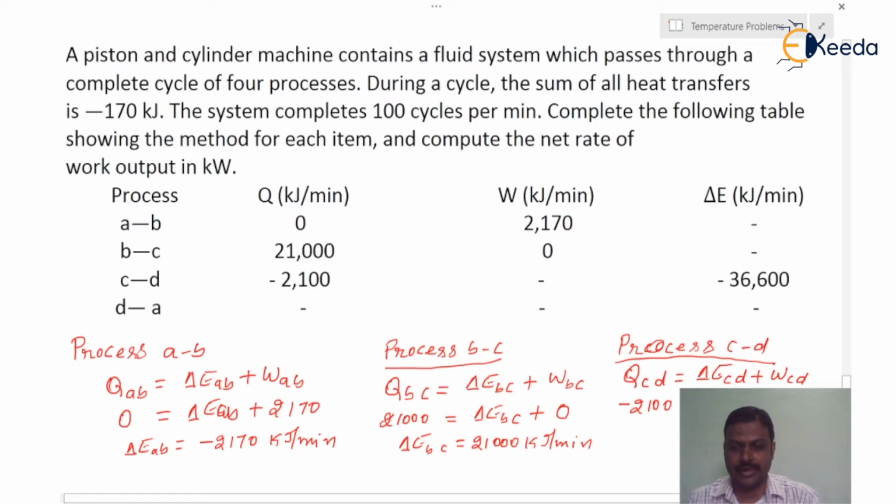Here WCD has to be calculated. So WCD will be 34,500 kilojoules per minute.